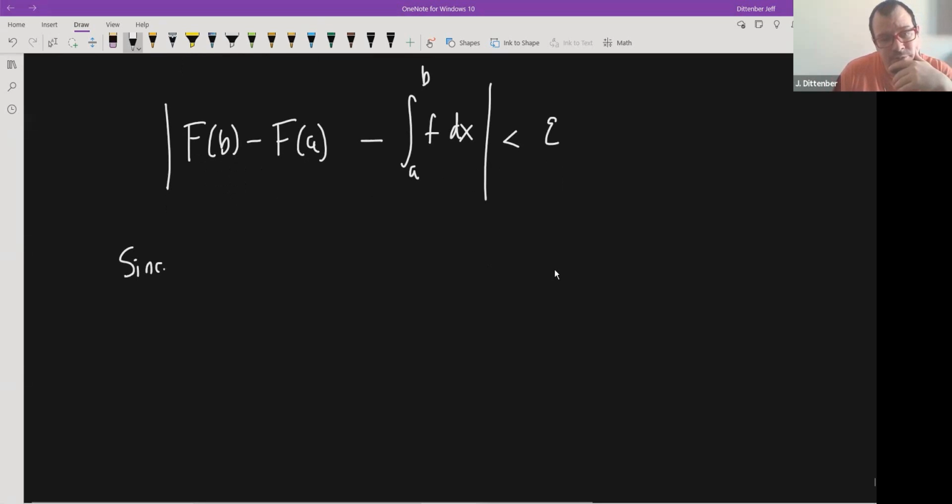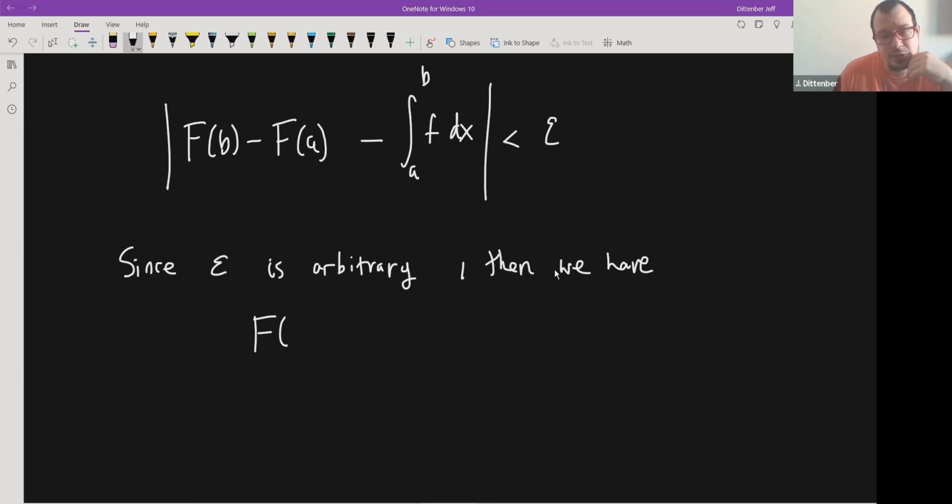Since epsilon is arbitrary, for any epsilon, we then have that f of b minus f of a is equal to the integral from a to b of f dx.